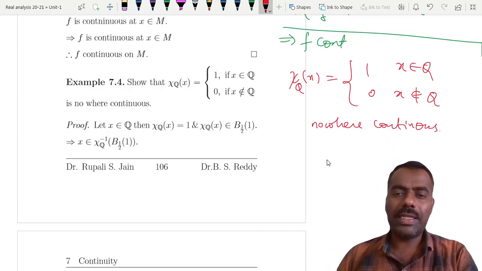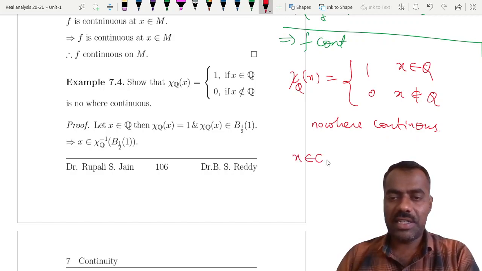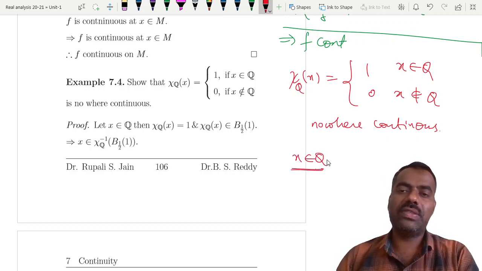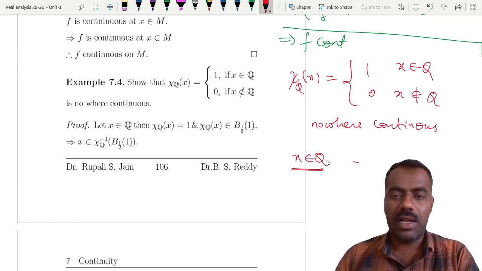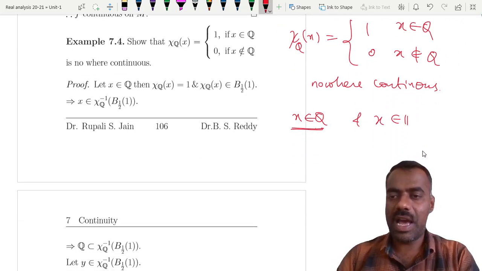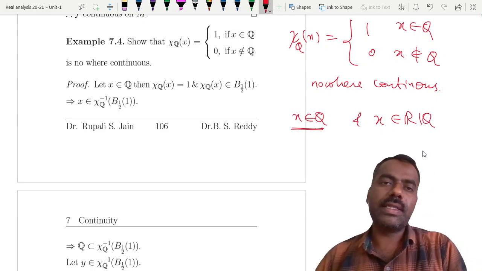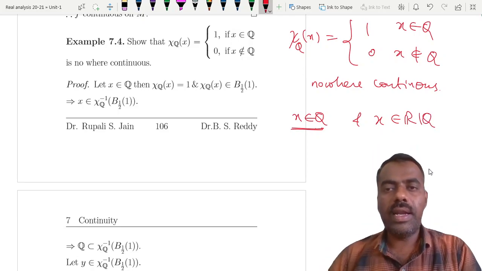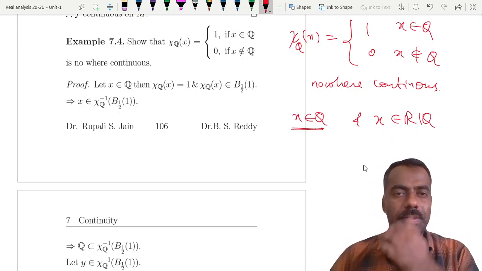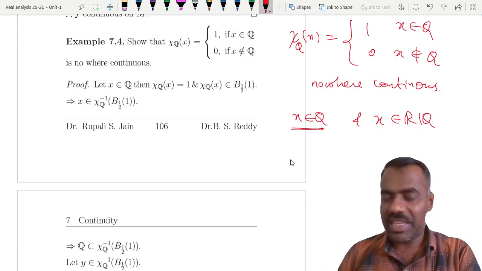We'll show that at every rational number this function is not continuous, and also at every x which is irrational, that means in R minus Q, it is not continuous. Okay, fine. So start with x in Q.